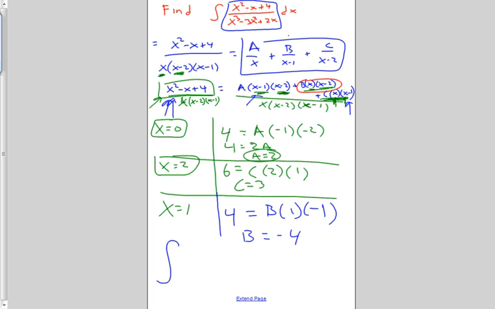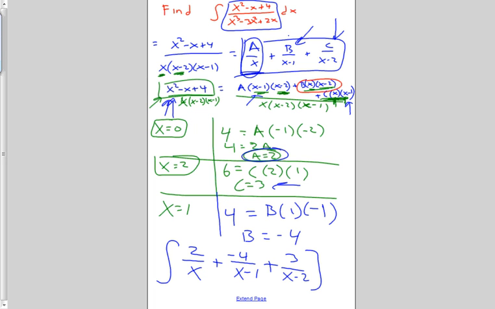Well, A is 2, so 2 over x, plus B over x minus 1, well, B is negative 4, so plus negative 4 over x minus 1, plus C over x minus 2, where C is 3, so plus 3 over x minus 2. And we're going to do this over on the next page.